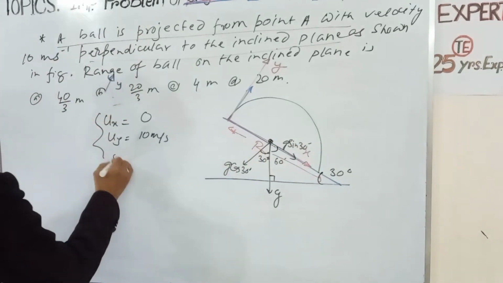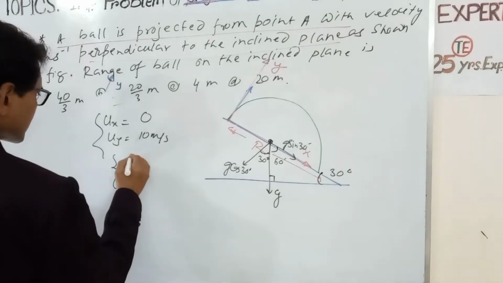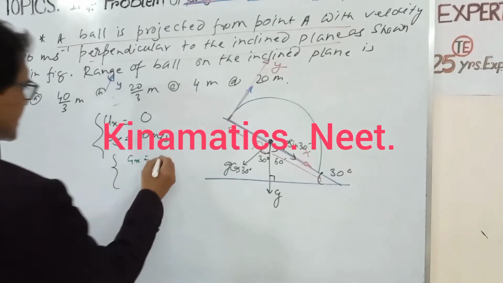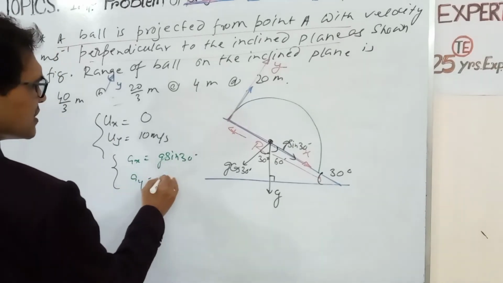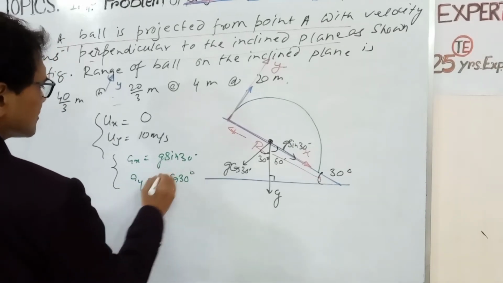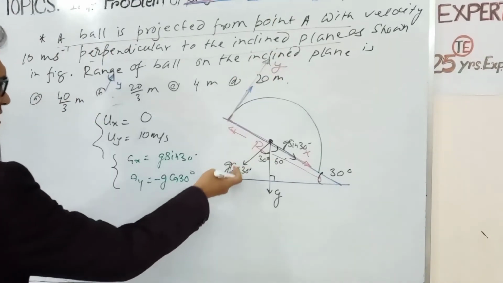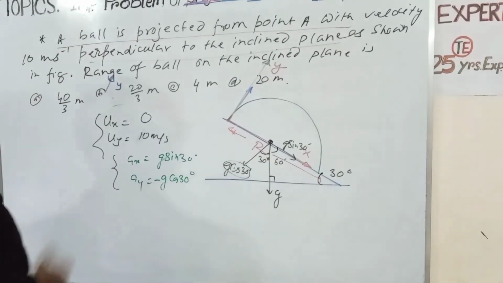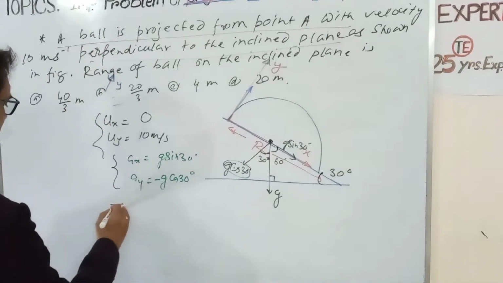So acceleration component ax will be g sin 30 degree, and ay will be g cos 30 degree with negative, because y we take in this direction, so acceleration x in this direction we take negative. So we get this. Now first we find the time of flight.